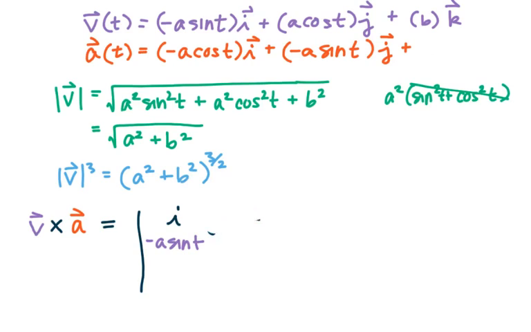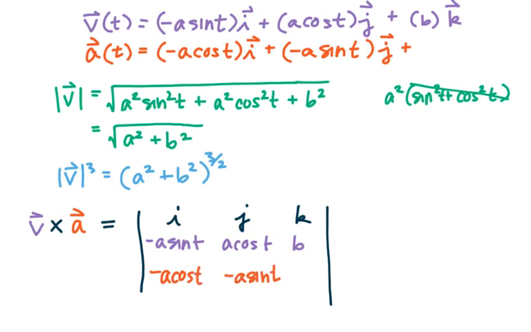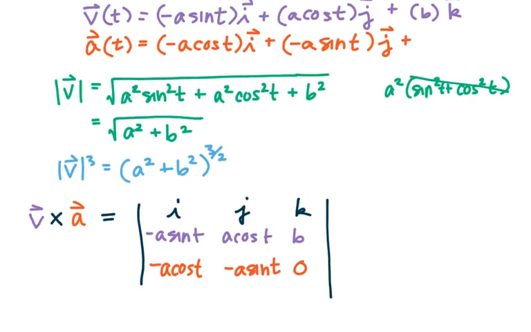I need to give myself more space here. And then for a, I have negative a cosine t, negative a sine t, and 0.